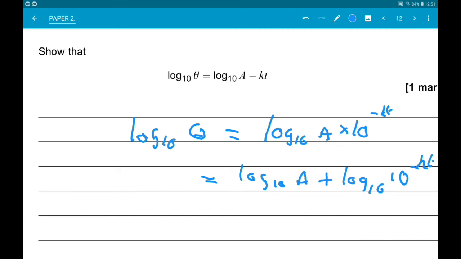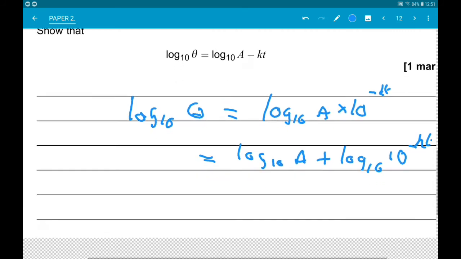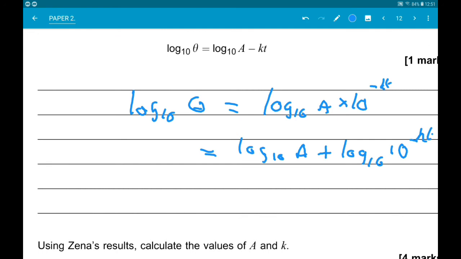So it's just minus KT. So we do indeed have log 10 A minus KT.